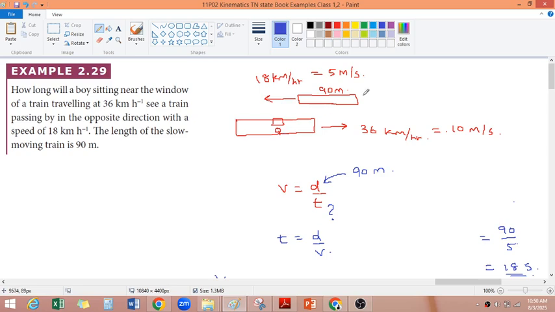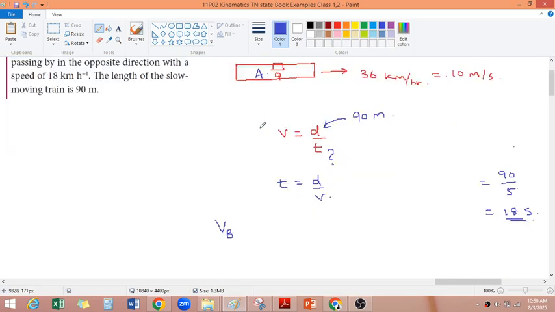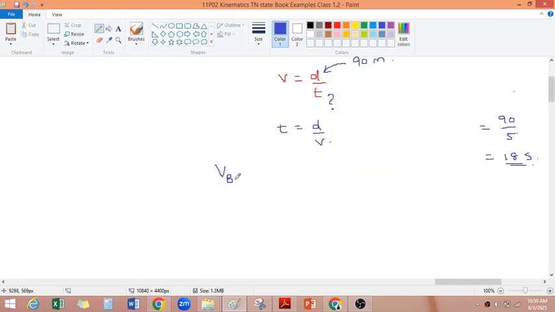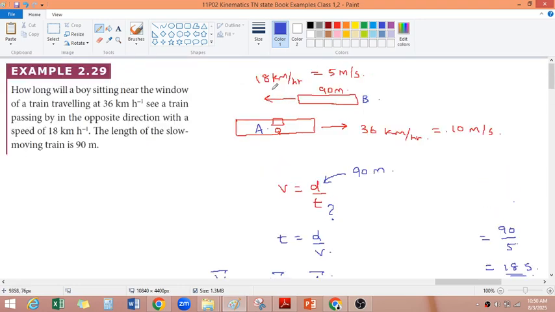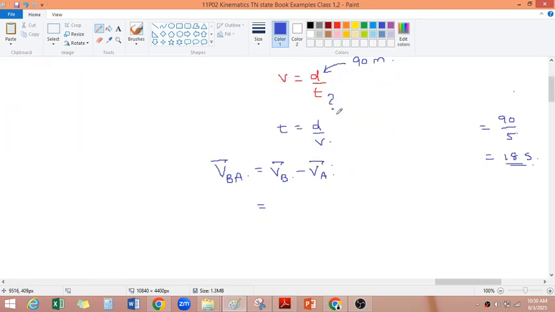Let's call this B and this A. So velocity of B with respect to A is equal to velocity of B minus velocity of A. Velocity of B is minus 5, A is plus 10, which means it will be minus 5 minus 10, so it will be minus 15.